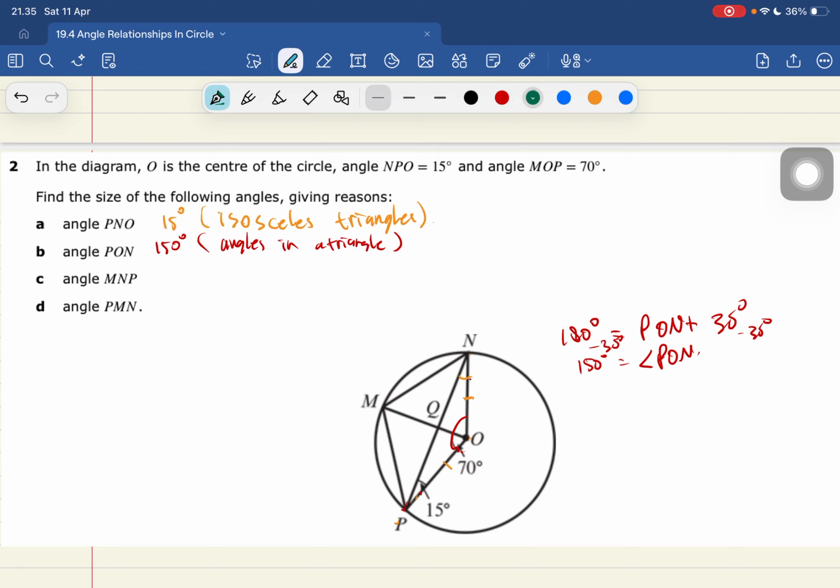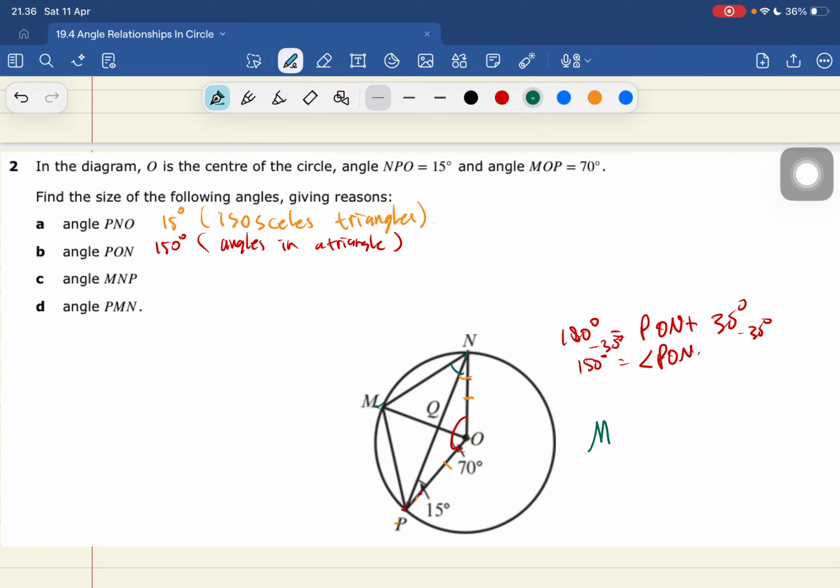Next we got MNP. Before we start, where is angle MON? Let's find it here. Angle MON, this angle.